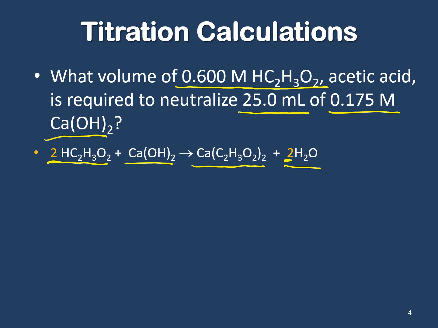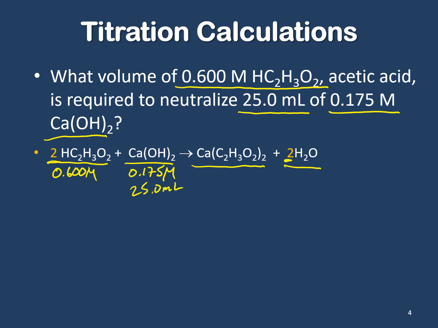And at this point, let's list out the stuff we know, right? I know the concentration of my acetic acid is 0.6 molar. I know the concentration of calcium hydroxide is 0.175 molar. I know that I have 25.0 milliliters of calcium hydroxide.